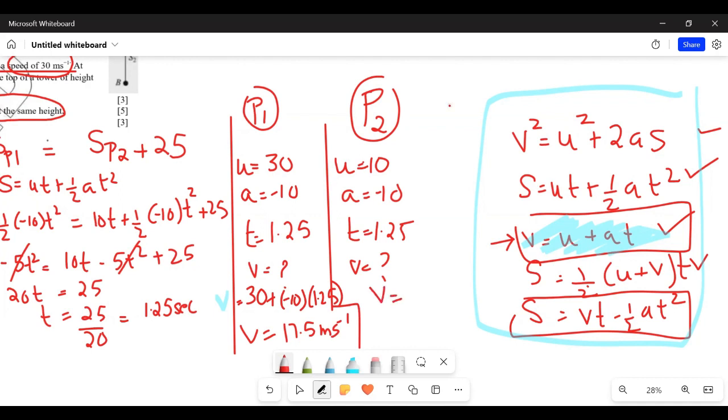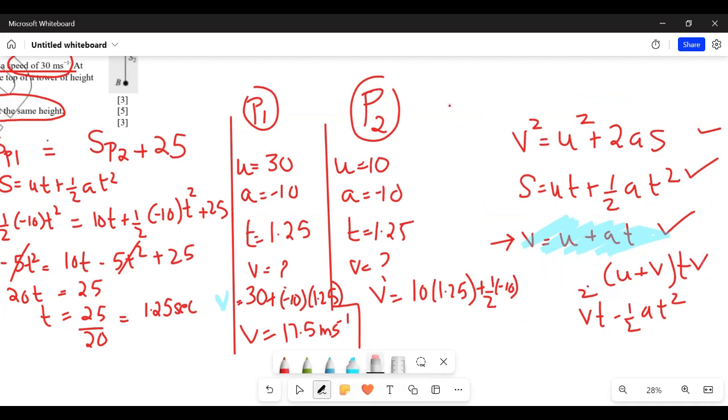And then it's going to be V is equals to UT plus half AT square. Okay, this is equals to, sorry, मैंने गलत कर दिया. V is equals to U plus AT. So this is wrong.